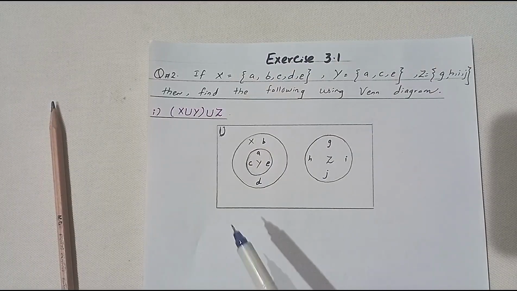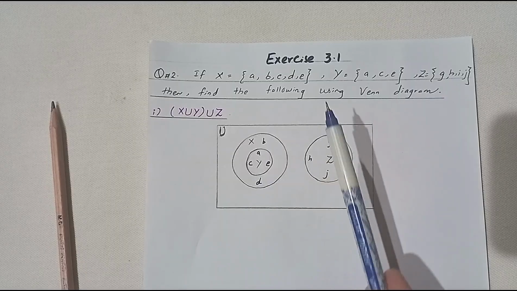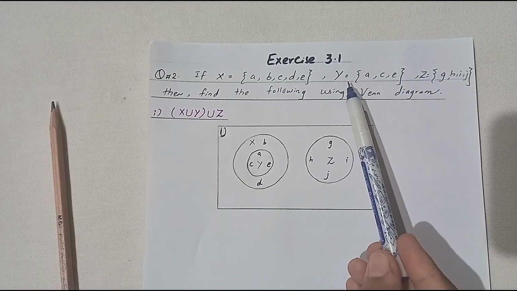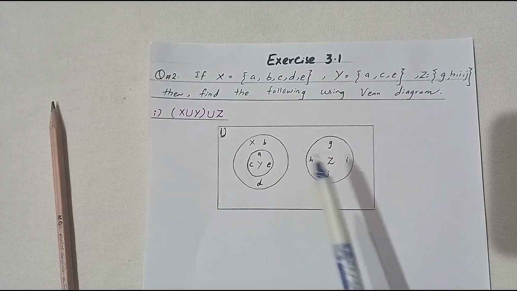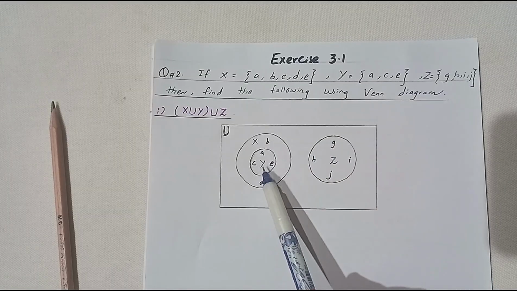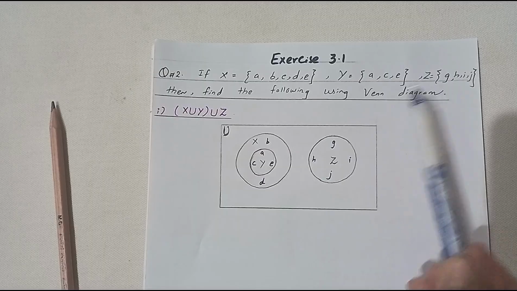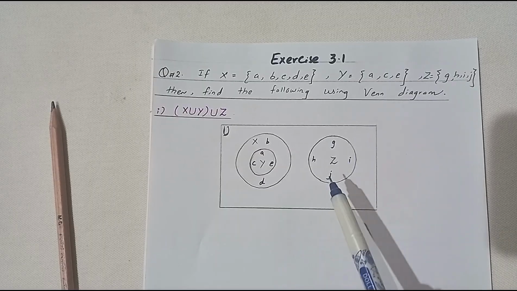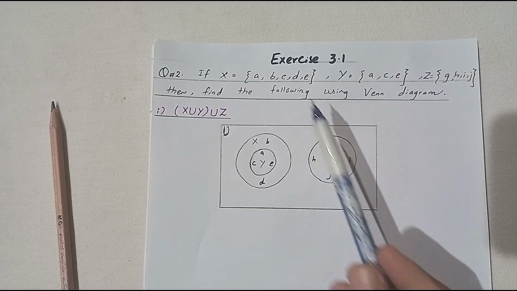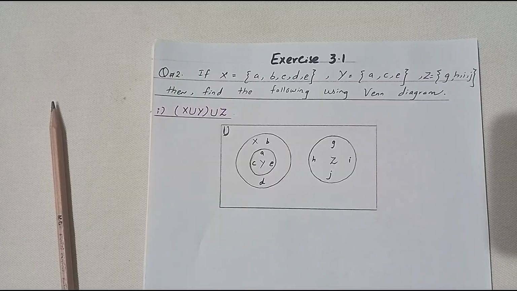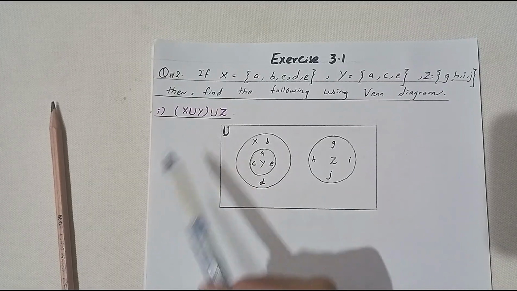So in the first part, since you can see the sets x, y and z, here y is a subset of x, so we make it like this: y in x, and z is not a subset of any of these sets, so we make it like this. For this operation, we first have to shade the area of x union y.